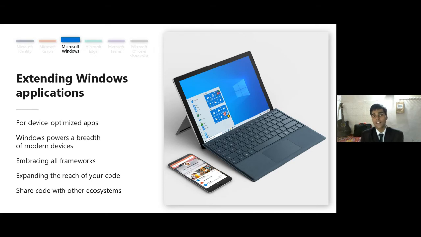All applications run here with a very smooth experience, and Windows powers a breadth of modern devices, embracing all the frameworks. It is a complex system that has been created, and we can share code with other ecosystems also.